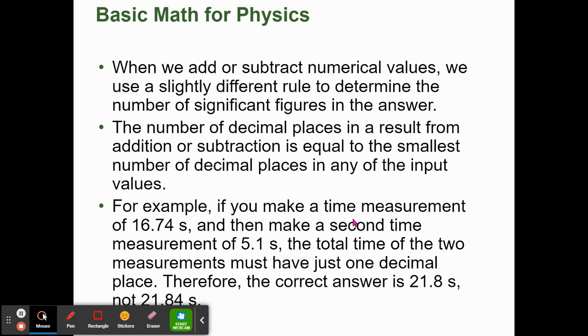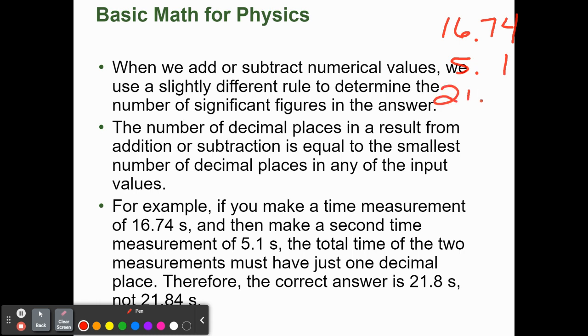So if we use their numbers again, we were to add up 16.74, 5.1, and 21.8. How many decimal places should my answer have? 1. Because 1 is the least number of decimal places in 2 of my measurements. So my answer should only have 1 decimal place. Good.